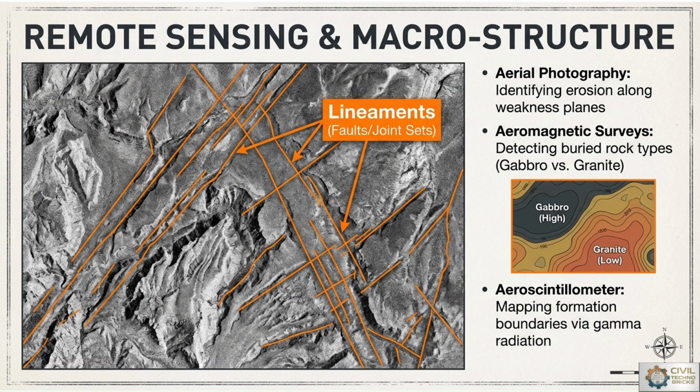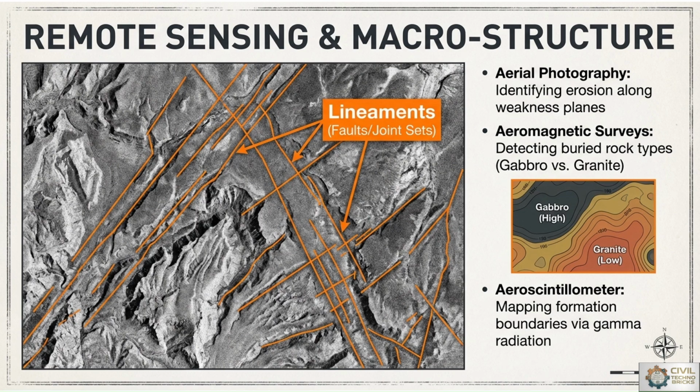Aerial photography is a tool used for remote sensing or surveying, which identifies erosion along the weakness planes or weaker planes. Aeromagnetic survey detects buried rock types, such as gabbro versus granite.